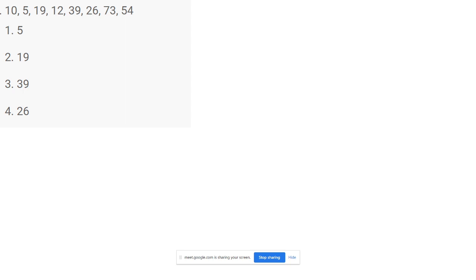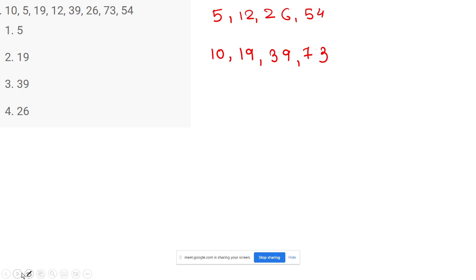Okay. Let me just talk about what Trishula is trying to tell. So it is nothing but plus 9 pattern like 10, 19, 39, and 73. Right, so I'm just taking the alternate numbers 5, 12, 26, 54. Right, I have taken the alternate numbers.